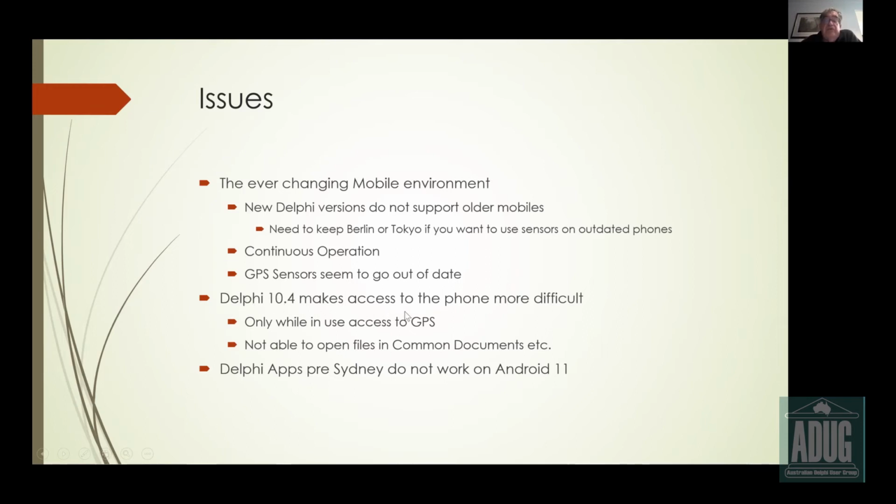Delphi 10.4 makes access to the phone more difficult, especially since it's tightened security down, so you can't get access to the shared data, and it seems to close down.